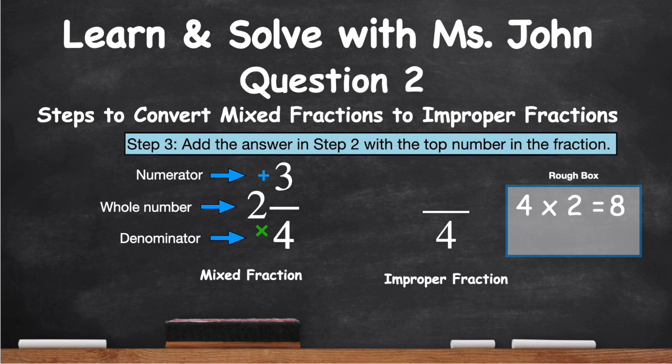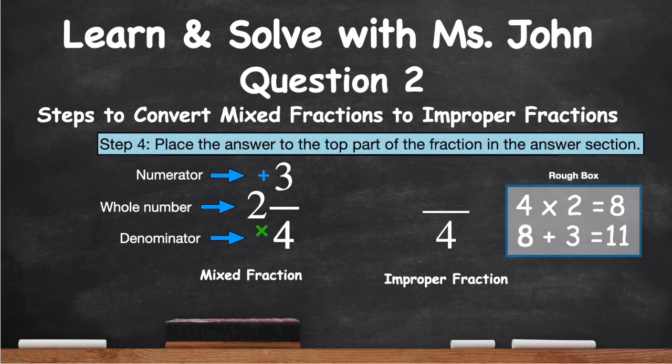And now we're going to do step number 3. We're going to add the answer in step number 2 with the top number in the fraction. So let's move that 8 down, and we're going to do 8 plus 3, and that equals 11. Now we're going to move that 11 as step number 4, place it on the top part of the fraction in the intersection. So the improper fraction is 11/4.